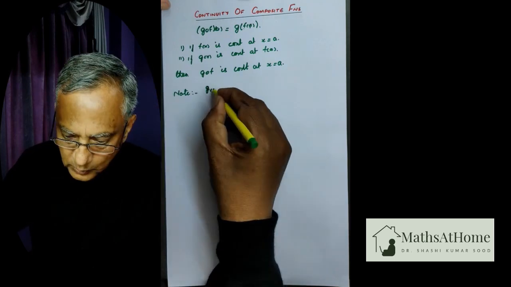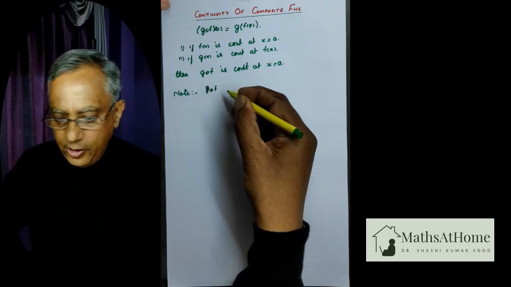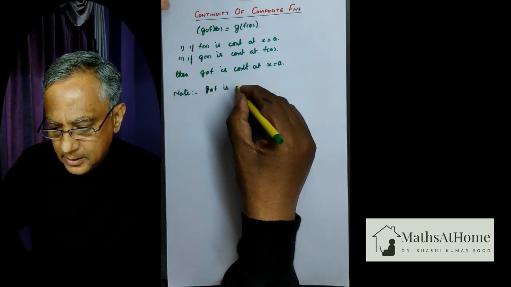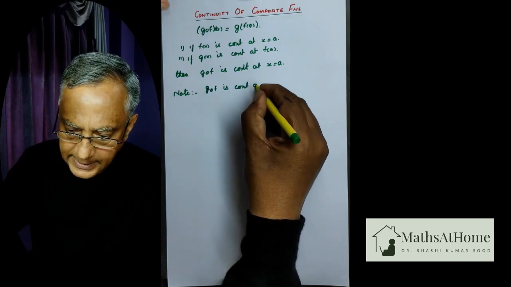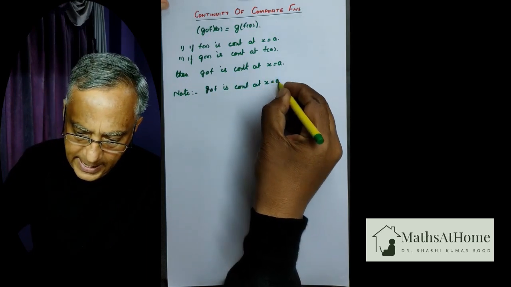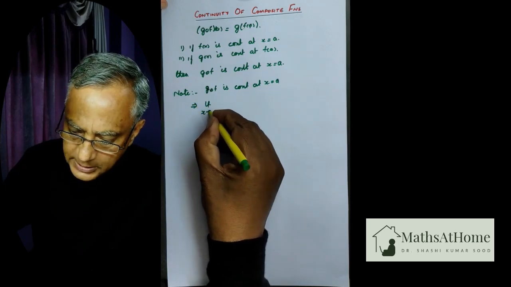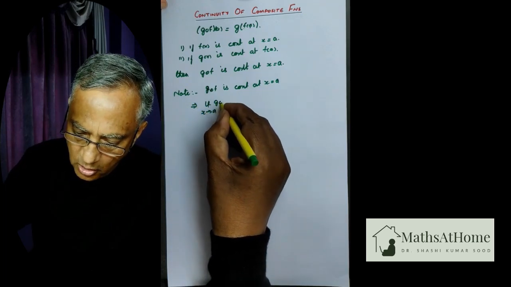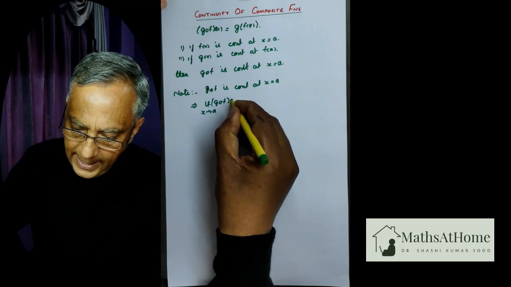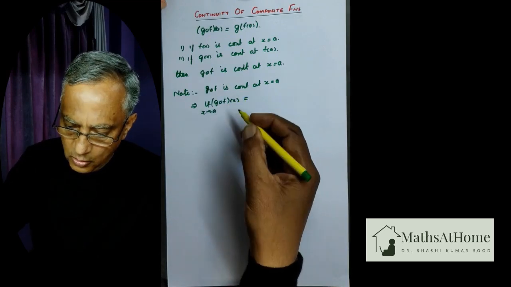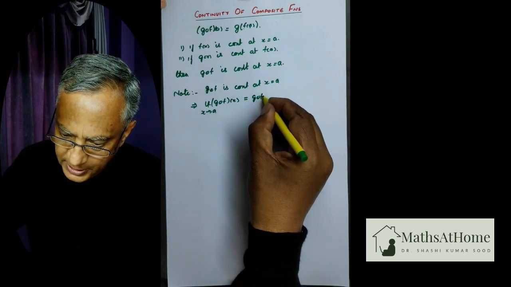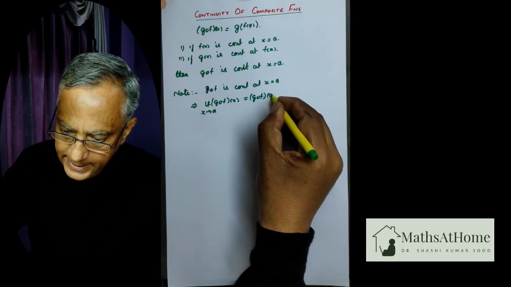Now g∘f is continuous at x equal to a. This implies limit x approaches a of (g∘f)(x) is equal to the value of the function g∘f at the point a.